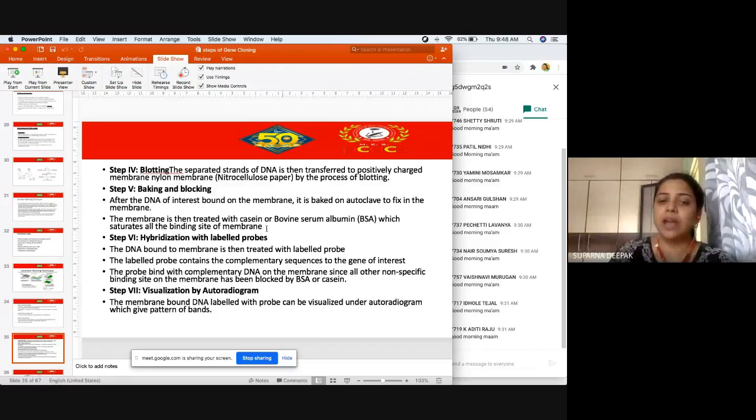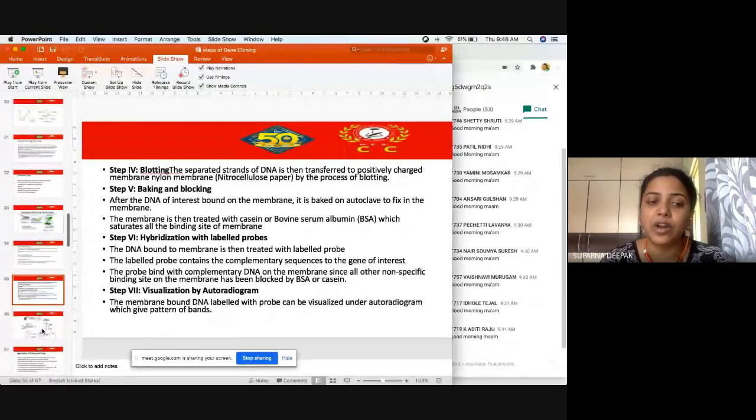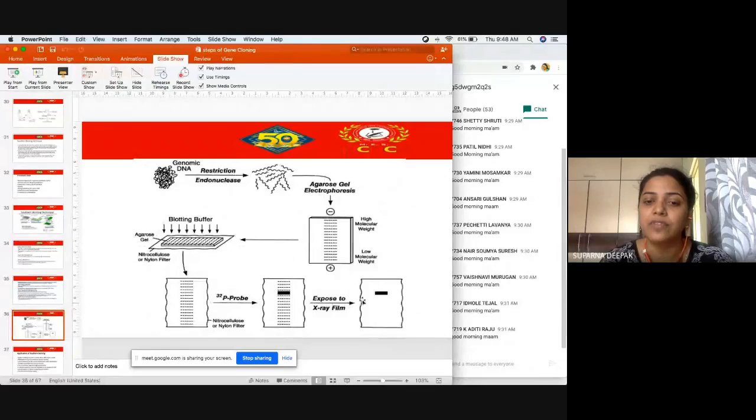The last step is that the membrane-bound DNA labeled with probes can be visualized under autoradiogram, which will give you the pattern of the bands. From the pattern of the bands, you can identify the size of your gene of interest, and accordingly you can then separate out that particular band after gel electrophoresis of your restriction digestion.